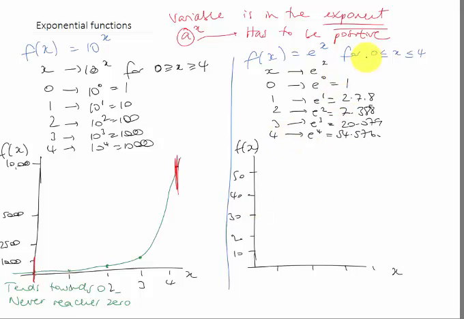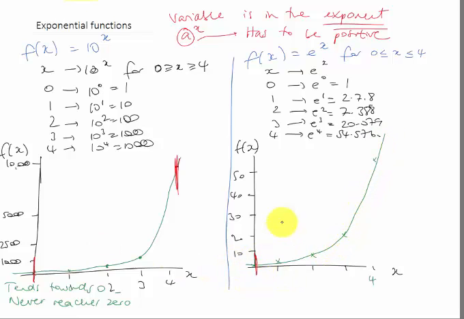Starting at 4, so this is 54, so that's like here somewhere. e to the power 3 is 20, that's about here. So you see there are these enormous differences once we get going. 2 gives us 7, maybe here. So something like that.